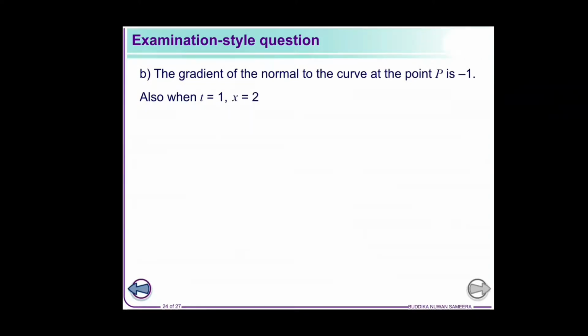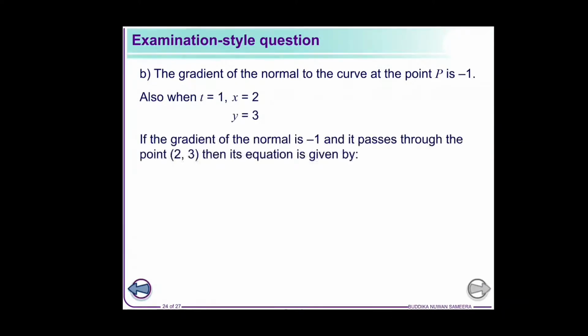Also when t equals 1, x equals 2, you can substitute into the x equation. When t equals 1, y equals 3. So now you know the gradient of the normal is minus 1, and you know the point is 2, 3.